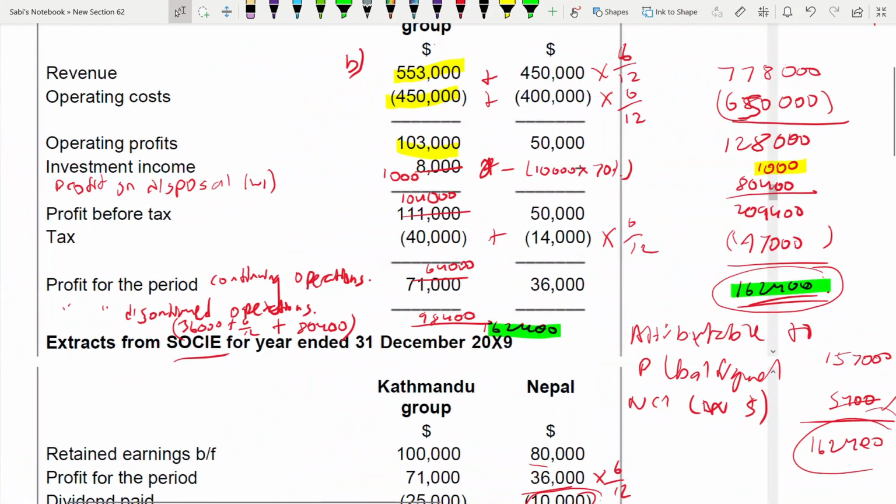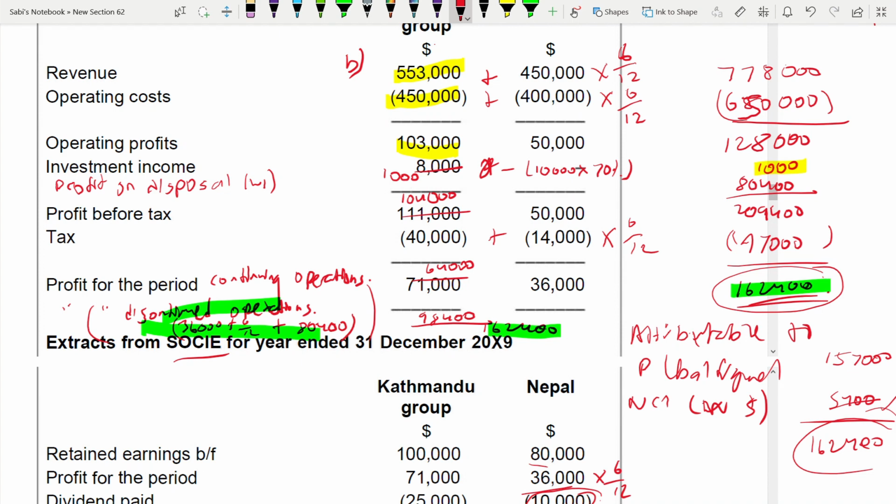You see, after profit before tax, post-tax results, you show this as one line item, this part. This is one line item. You do not consolidate line by line like that. This is the difference with this way of presenting it compared to the first way. So first and second both are same, but the way they are presented are different. Okay, in the first you consolidated line by line. Here you don't consolidate. You just put it as one line figure.